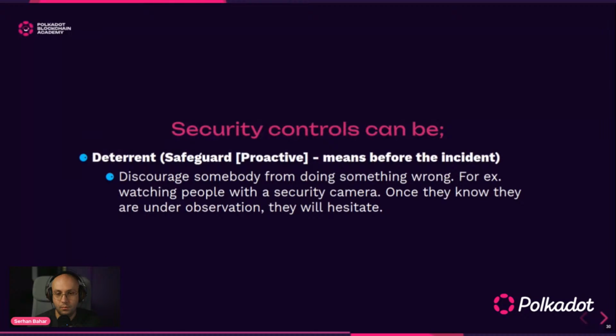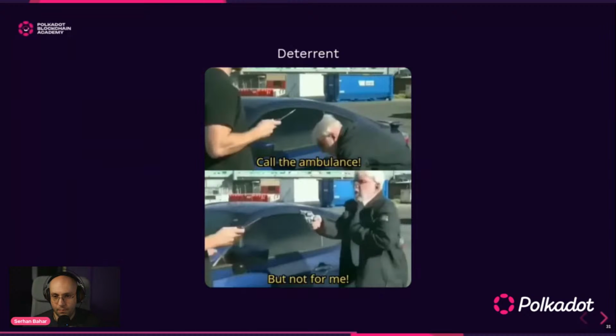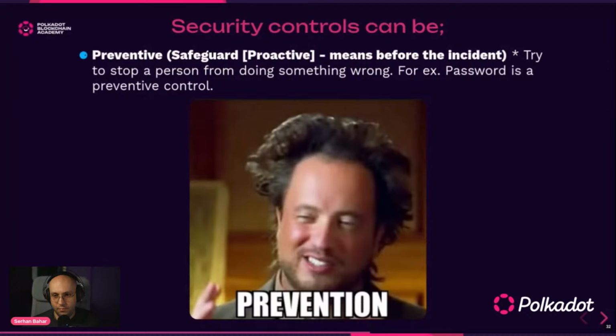As an example, watching people with a security camera is not just about accountability, or recording people to find the theft later. Once they know they are under observation, they will hesitate to do some things, unless they are professional criminals. So, deterrent.